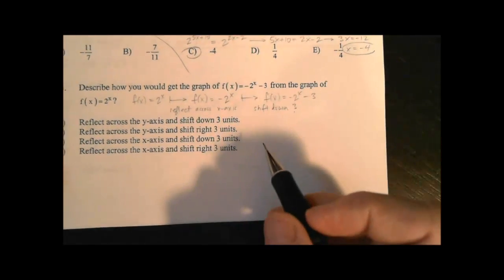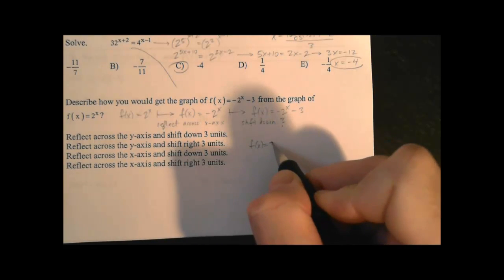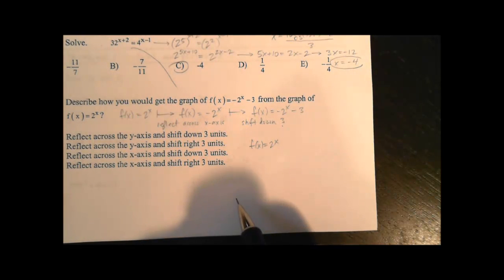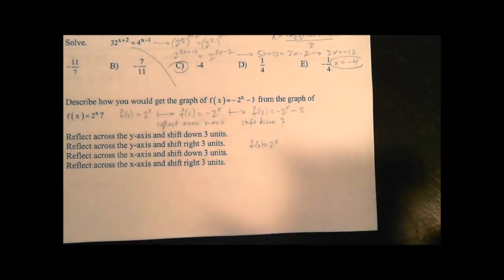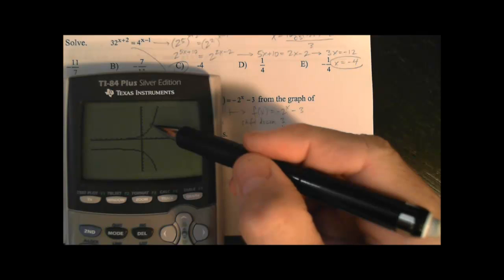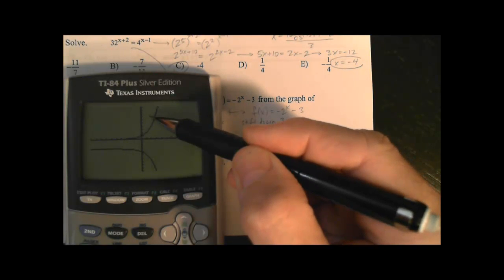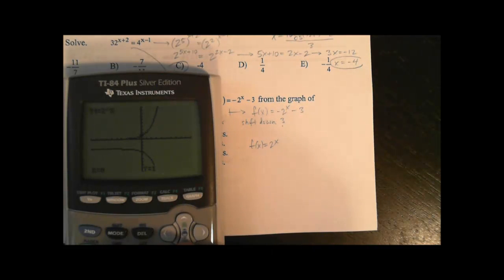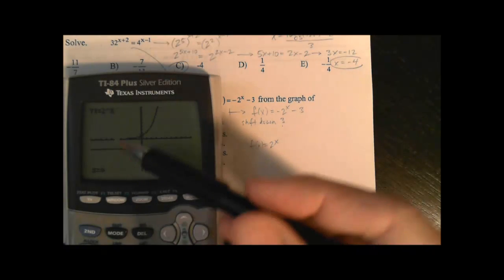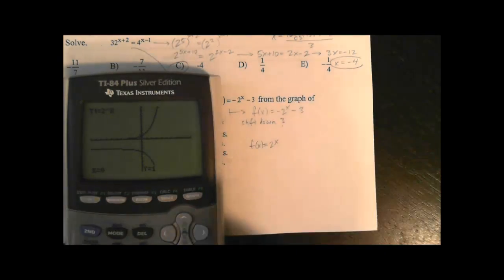In fact, if you wanted to start with f of x equals 2 to the x, and first do a shift and then a reflection, you would have to shift it up by 3 units. If you look at the second graph, what was at (0, 1) is now at (0, -4). So you need to shift this up by 3 units first and then reflect across the x-axis.